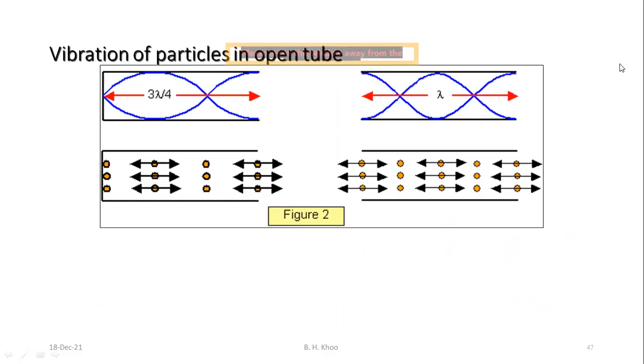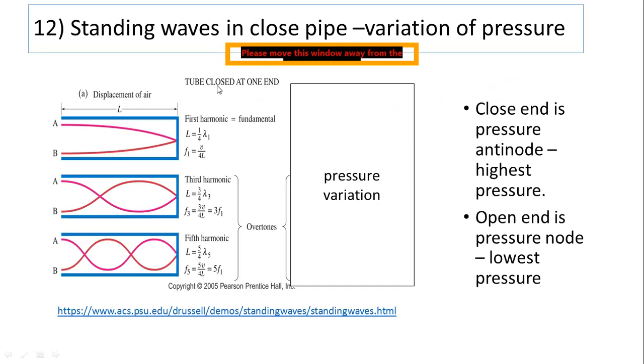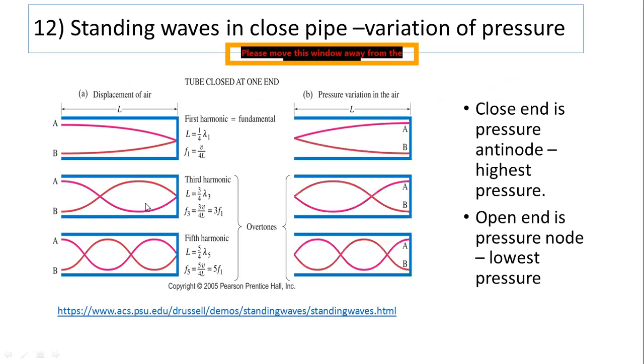Okay, so you just need to know that is for your closed pipe. This is high vibration antinode. This is your node. So for high pressure, you just remember where there is large displacement, low pressure.